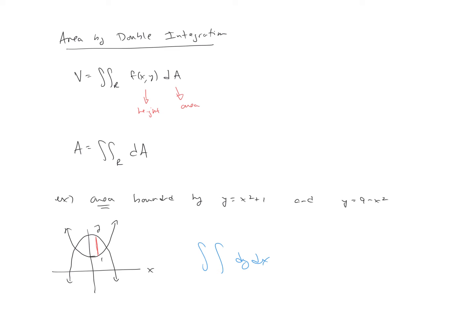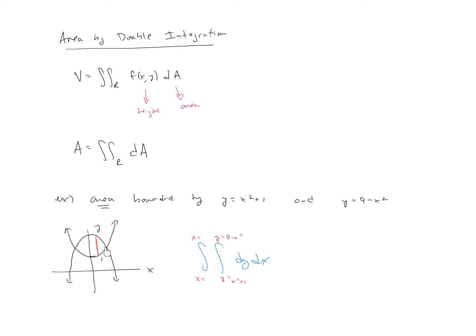This is an area computation. So then we know that this has to be a y equals and a y equals, and these have to be constants, x's. The top would be the parabola that opens down, so that's going to be our 9 minus x squared. The bottom is going to be the parabola that opens up, which would be our x squared plus 1. And then we would need to scan from here over to here.